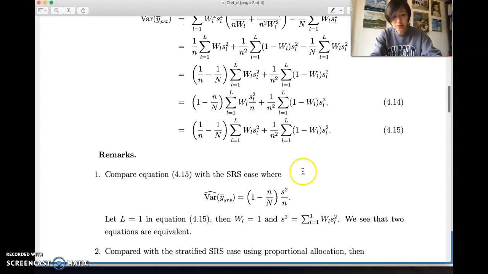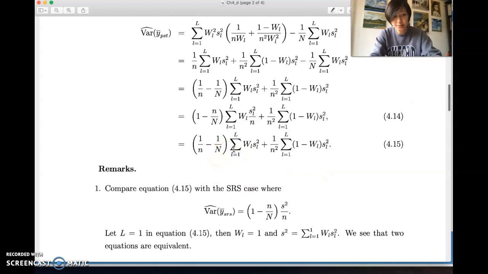So first of all, if we look at equation 4.15 or even 4.14, if we compare this estimated variance with a chapter 3 simple random sampling variance, in chapter 3, a simple random sample estimated variance was defined as the finite population correction factor multiplied by the sample variance S squared divided by n, right?